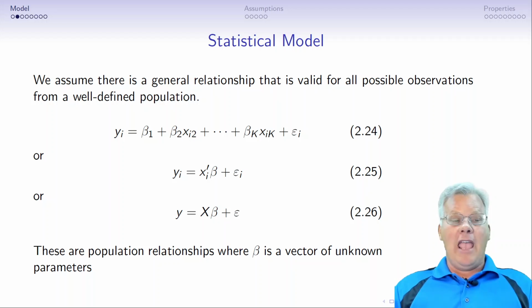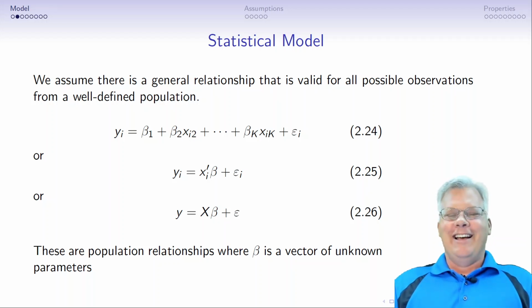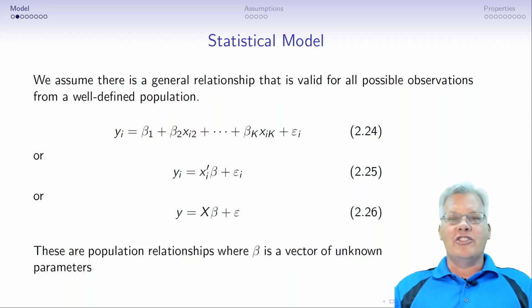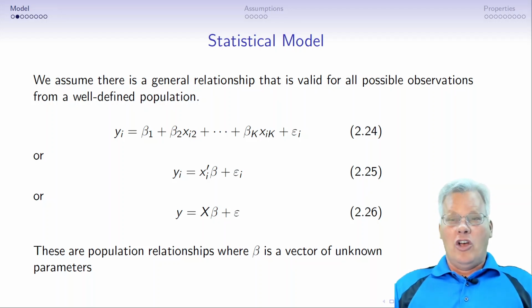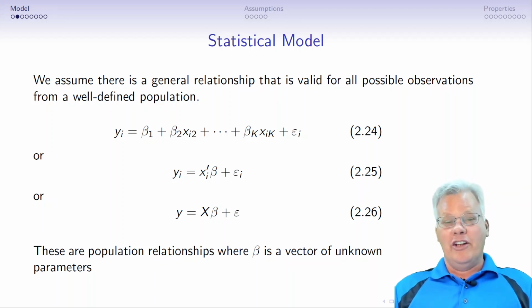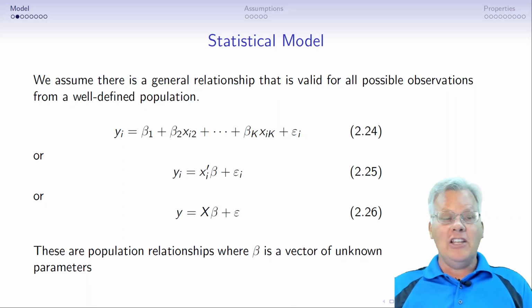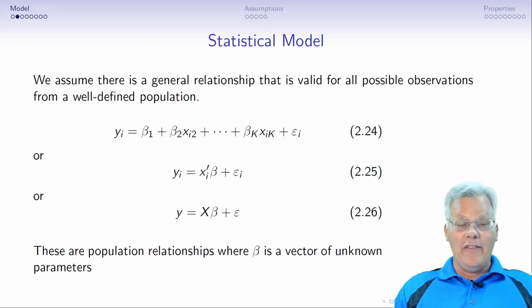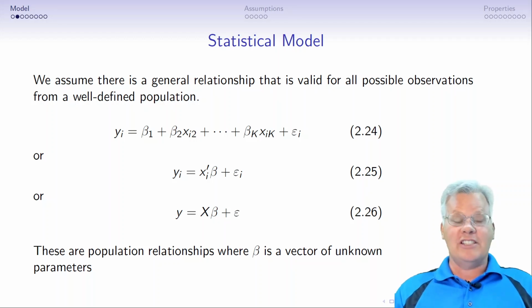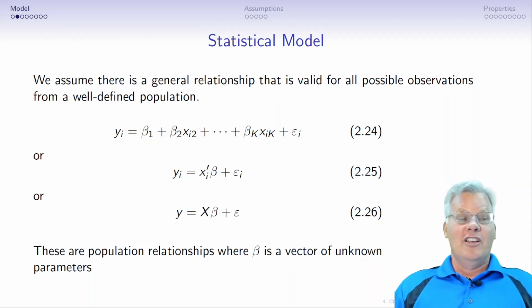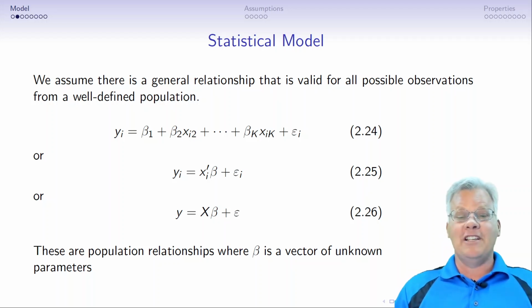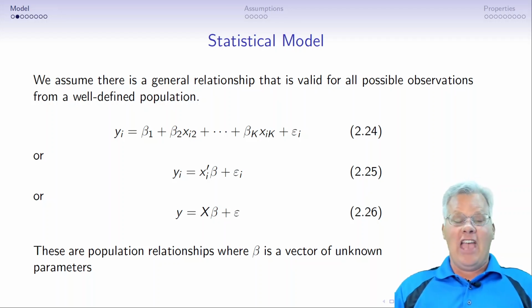The Greek letters remind us that these are parameters that, although they're non-stochastic, they take on discrete values, those values are unknown to us, and they need to be estimated. So in these models, you'll notice we have two sets of Greek letters. We have the betas, those are the intercepts and the slopes, and then we have the epsilons. The epsilons are the stochastic disturbance terms.